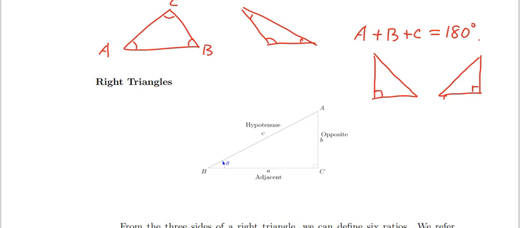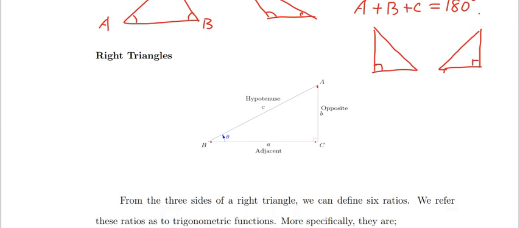For a right triangle, we have three sides and three angles, or vertices, A, B, C. We use uppercase to denote the angle or vertex, so we can call this angle B, or we use angle theta. From these three sides, we can produce 6 ratios.